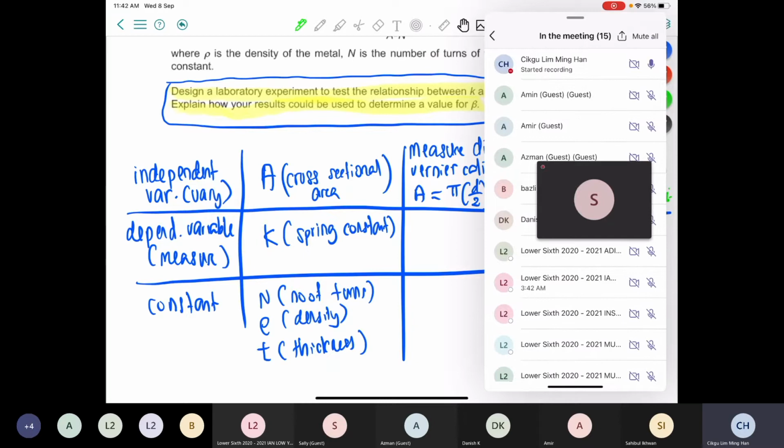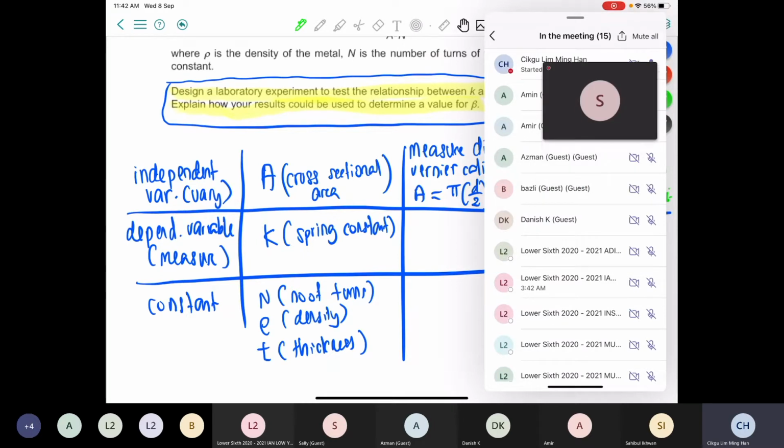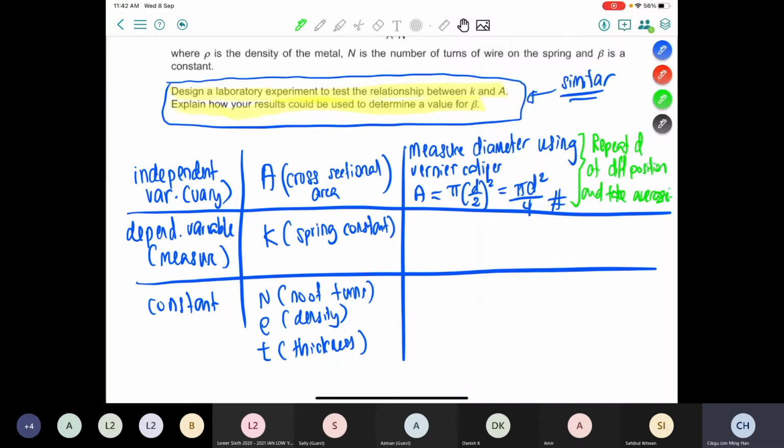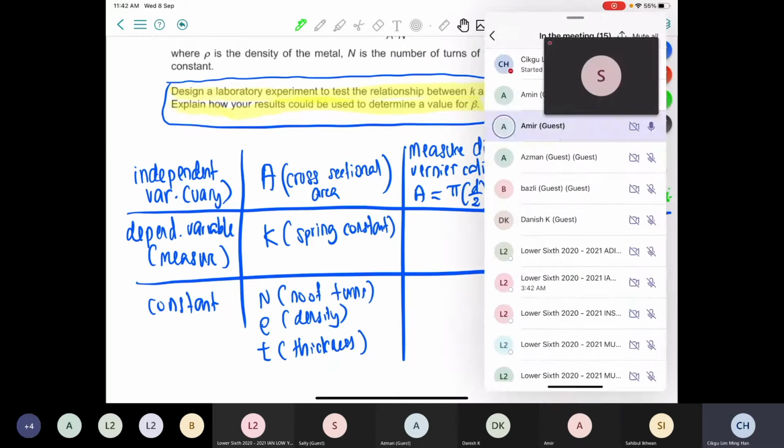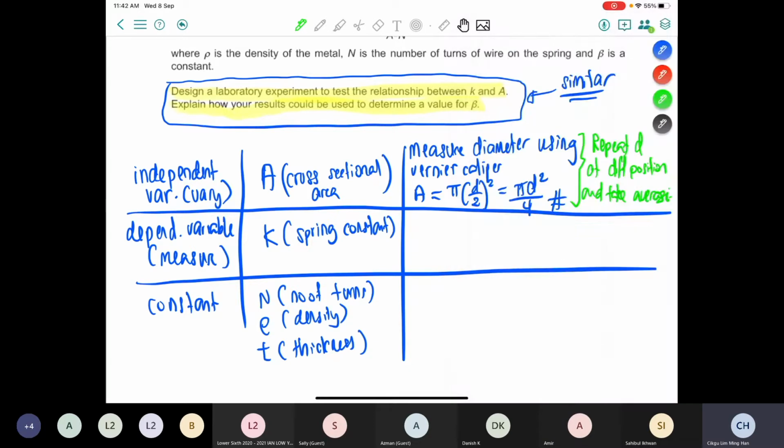Now I want somebody from the top. Amir. Yes, Amir is online now. Amir, how about K? It's difficult, this K. Use Boyle's law? Again?